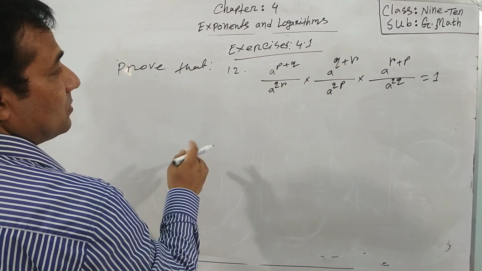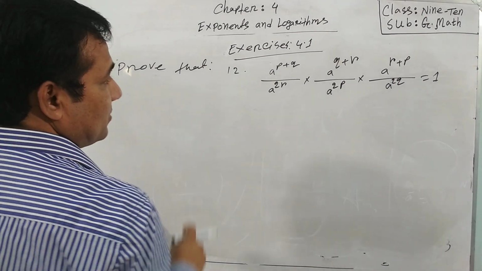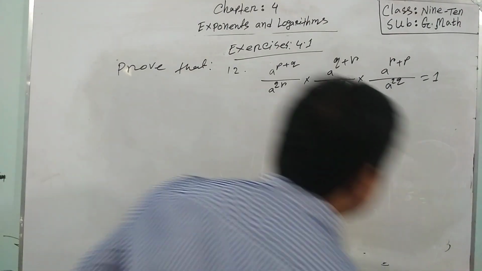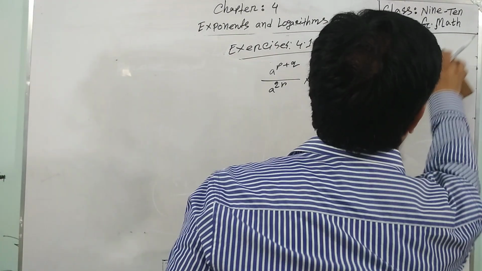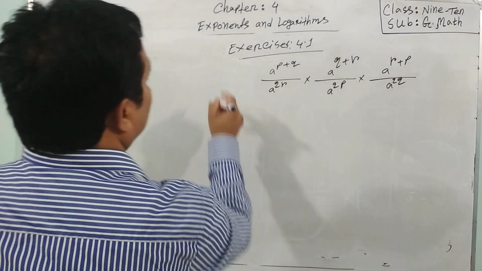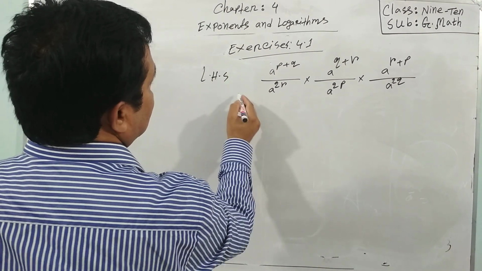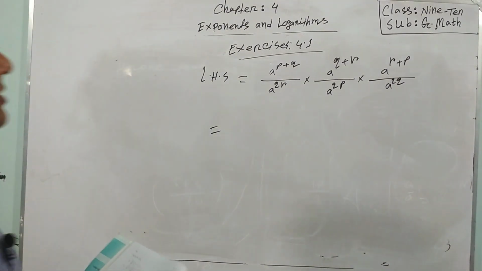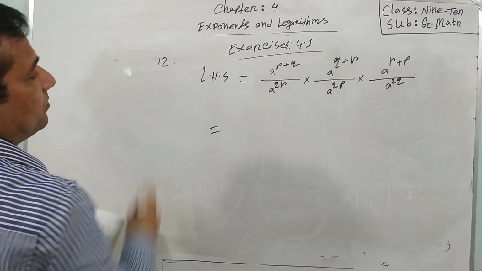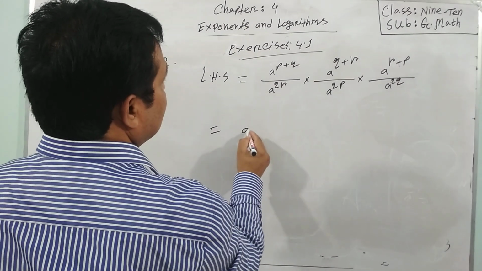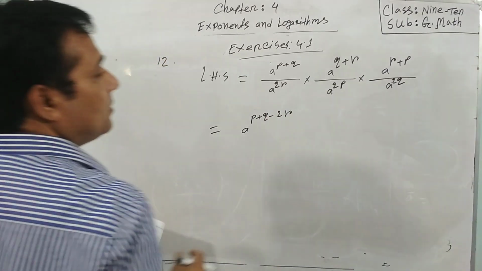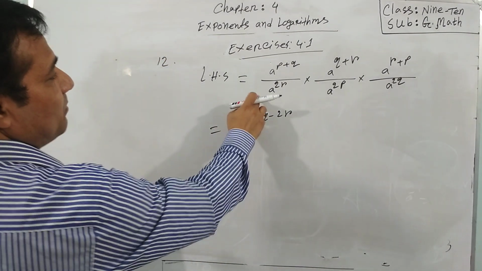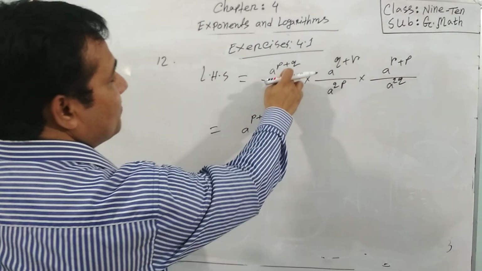Now, the left hand side, number 12: a to the power p plus q minus 2r. In division, when the base is the same, the powers will be subtracted.